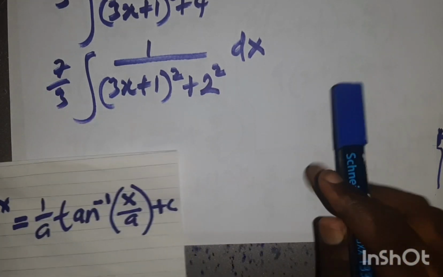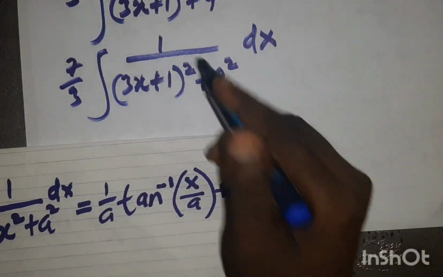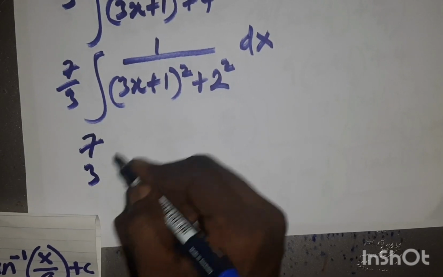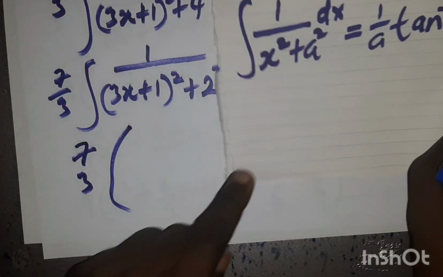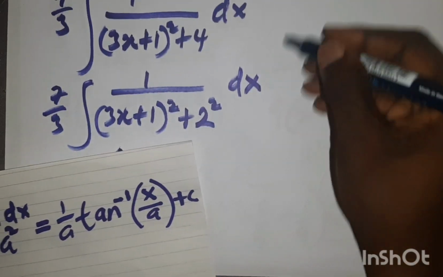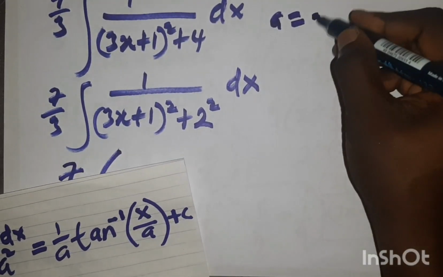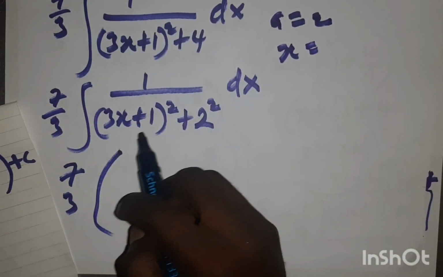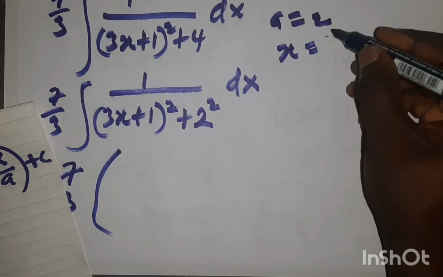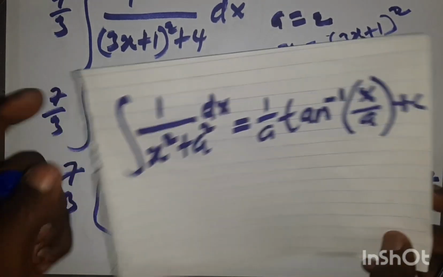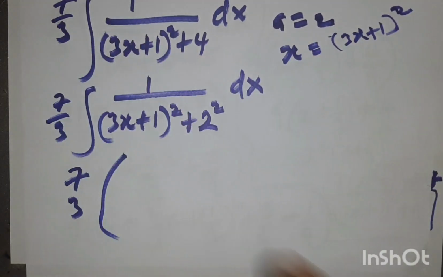So applying this, it will now be 7 over 3 times whatever we get after applying this substitution. Let me write this one out. So here my a is 2 from here, and my x is what? My x is the whole (3x plus 1) squared.